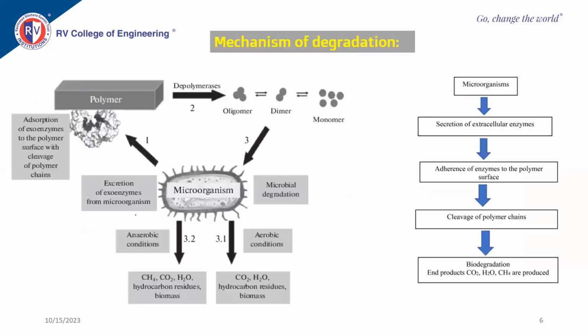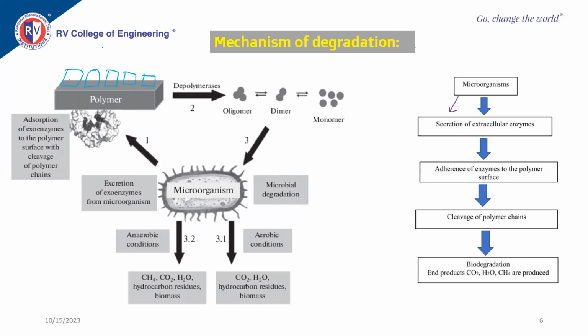So in this mechanism of degradation, the basic step is that the microorganism first secretes some enzymes. These enzymes go over the polymer surface and form a certain sort of complex-like structure, not exactly a complex, it's a simple adsorption.